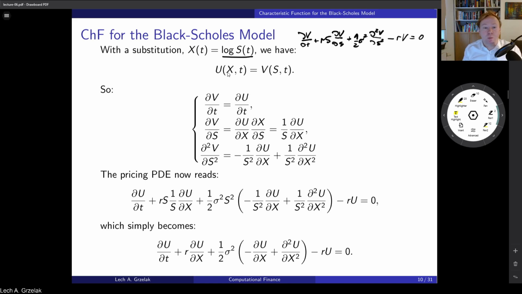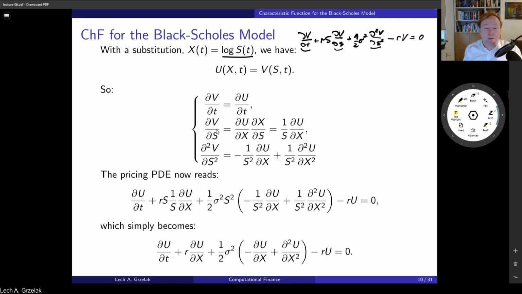Once we have changed from stock S to the log of stock S, we need to change variables, so we have to change those partial derivatives. The first one is very simple, because our transformation does not depend directly on t, so the derivative of v with respect to t is the derivative of u with respect to t.